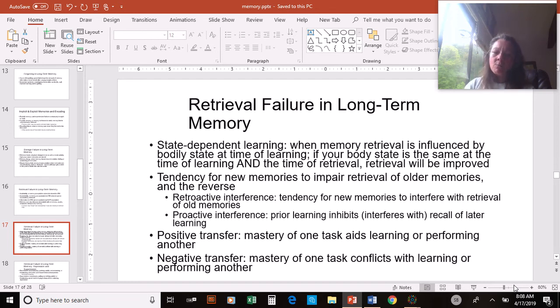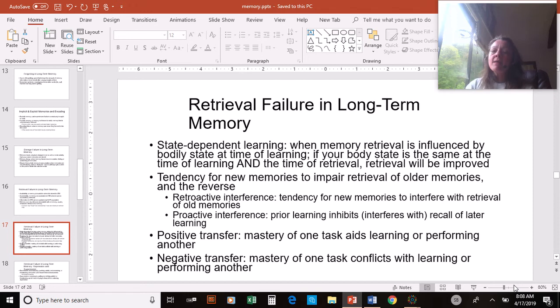With that tendency of new memories to impede our retrieval of old memories, we have retroactive interference and proactive interference. Retroactive is just that: it's interfering with your ability to go back in your mind's time and retrieve that memory.